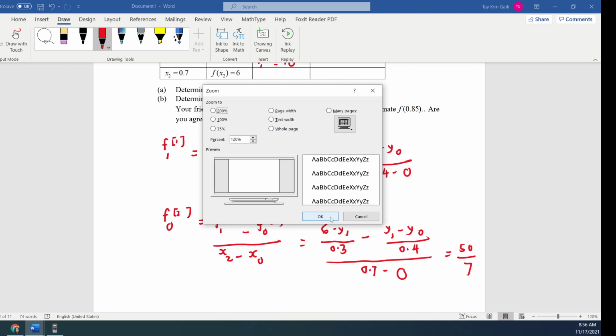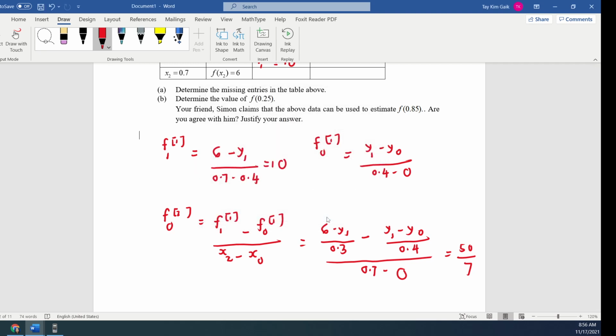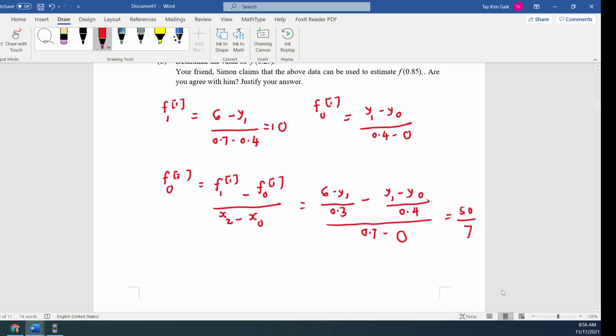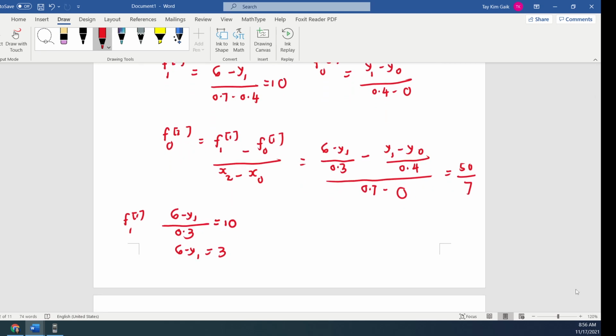Then you solve f11 first to solve for y1. 6 minus y1 divided by 0.3 is f11 equal to 10. Then 6 minus y1 equals 0.3 times 10, you have 3. Then you can solve for y1, so y1 will be equal to 3. Once you plug in y1, and f11 is 10, plug in 10 here.